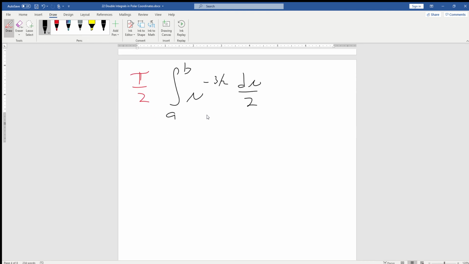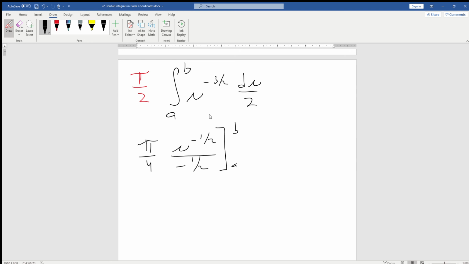I'm going to move the 1/2 to the outside, so now we get pi fourths. I'm going to add 1 to negative 3/2, so I get u to the minus 1/2, divided by minus 1/2, and that's going to range from a to b.